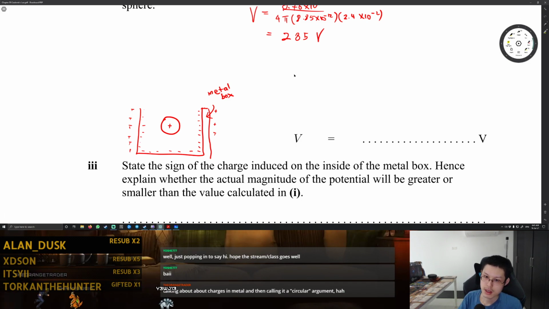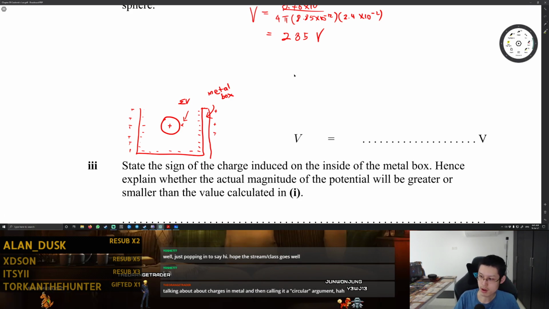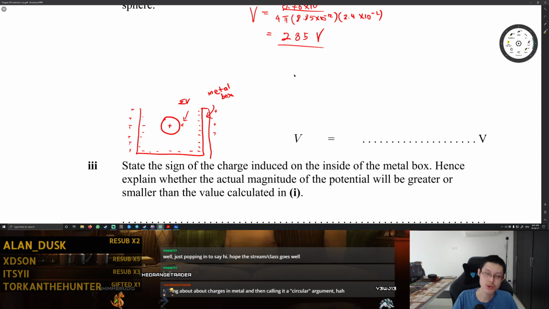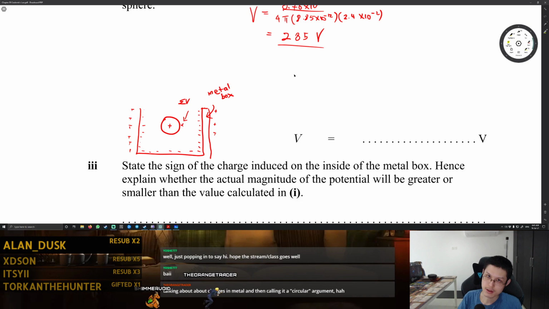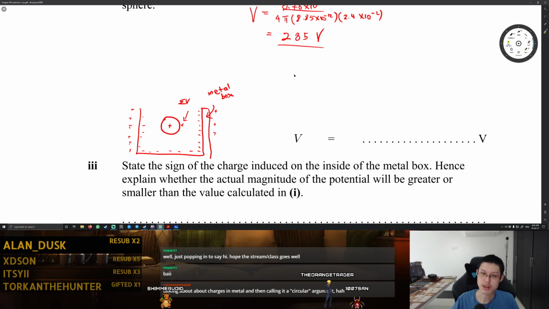Which means the resultant electric potential at the surface of the box is going to be slightly lower than what you just calculated here. Because what you've calculated here is only the electric potential due to the sphere. But you have not included the electric potential due to the negative and the positive charges here.